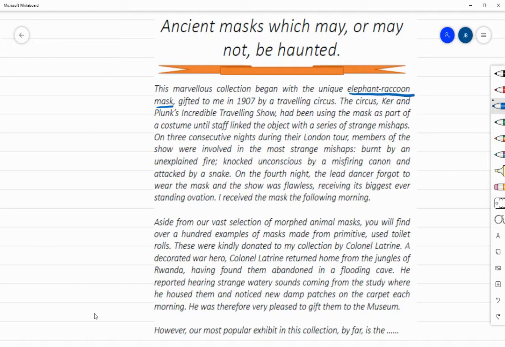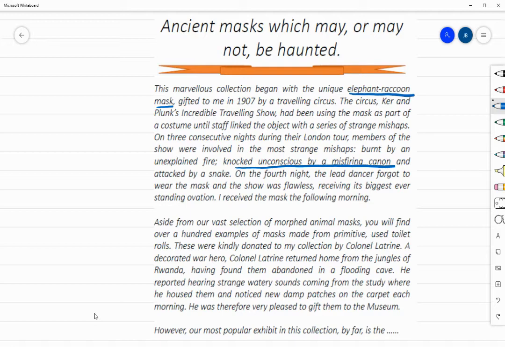What happened on the second night at the circus? If you said knocked unconscious by a misfiring cannon, or knocked unconscious, well done.